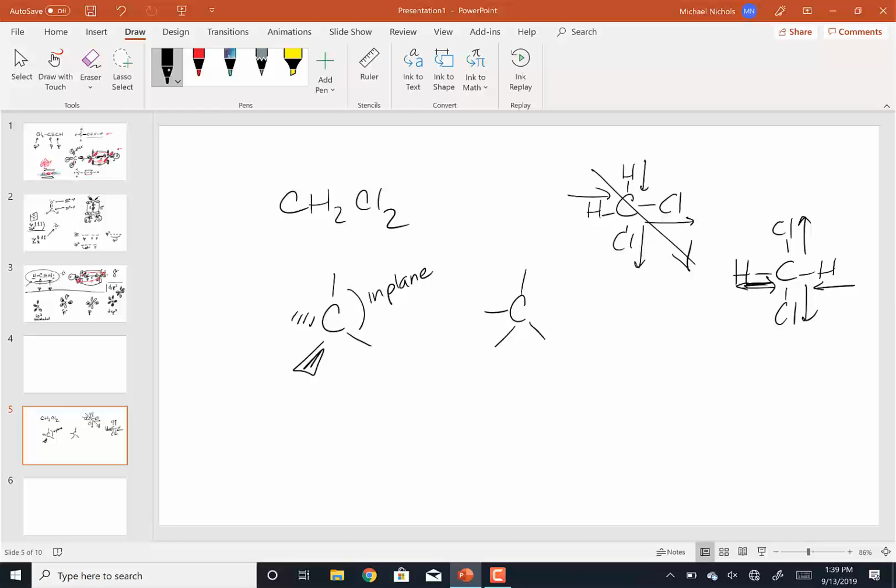The bold one is coming towards you, and the dashed one is going behind. So that's how we can represent a tetrahedron in two-dimensional space.